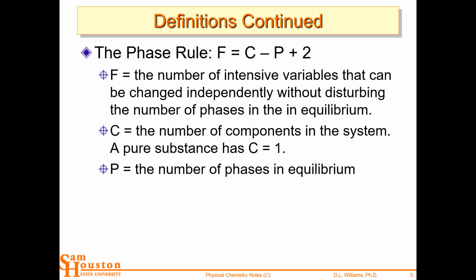If you have multiple components, you get more degrees of freedom. And so you can have multiple phases in equilibrium with each other with more components and still maintain degrees of freedom in terms of being able to change the temperature and pressure. And this is something that Gibbs derived, so using the Gibbs energy.